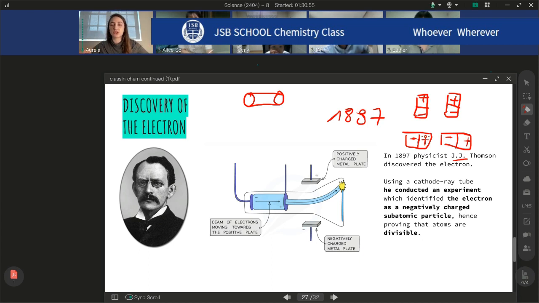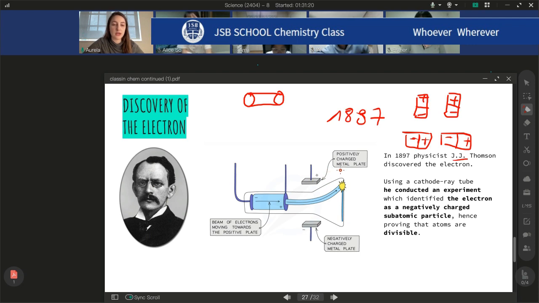So this simple logic we can apply here as well, where they had negatively charged particles and they threw them through this tube. And they were attracted to this positive plate here. This is positively charged.